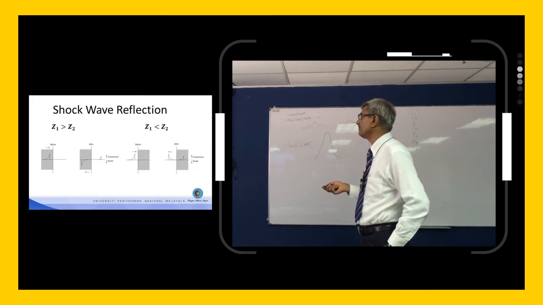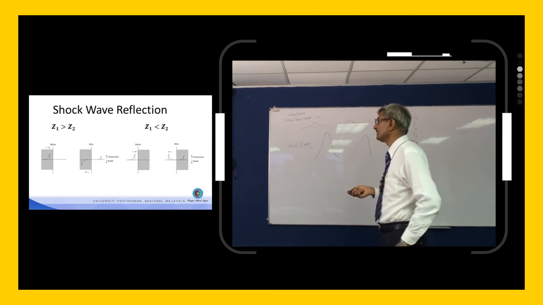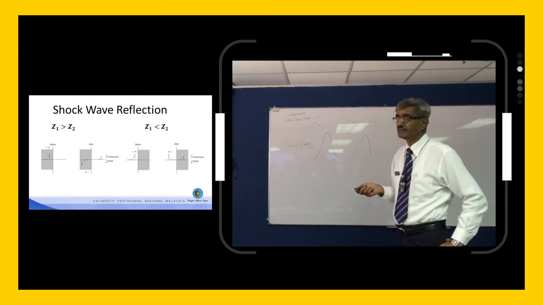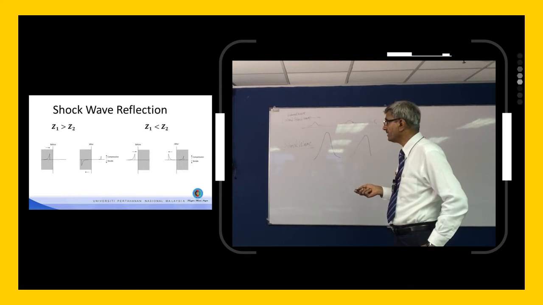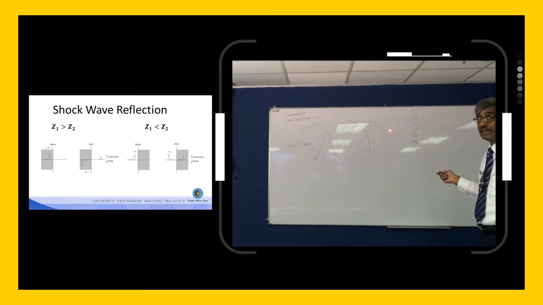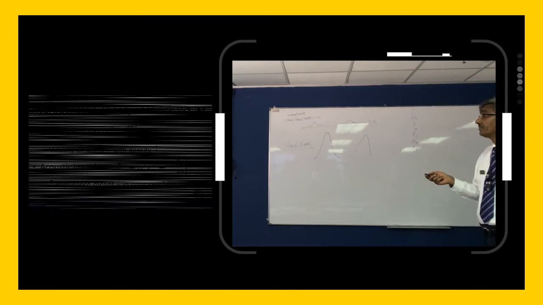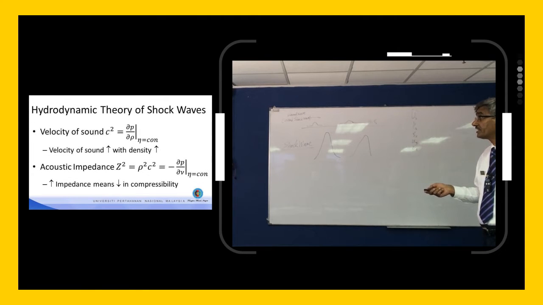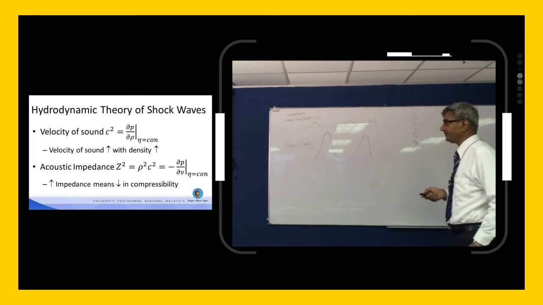Now this acoustic impedance, some scientists or engineers define shock impedance and they replace this C with the shock velocity. Later I would show you that this C is related to this Us also, so it doesn't matter. So you need not be confused that acoustic impedance and shock impedance are entirely different. No, numbers would be different, the concept would remain the same.